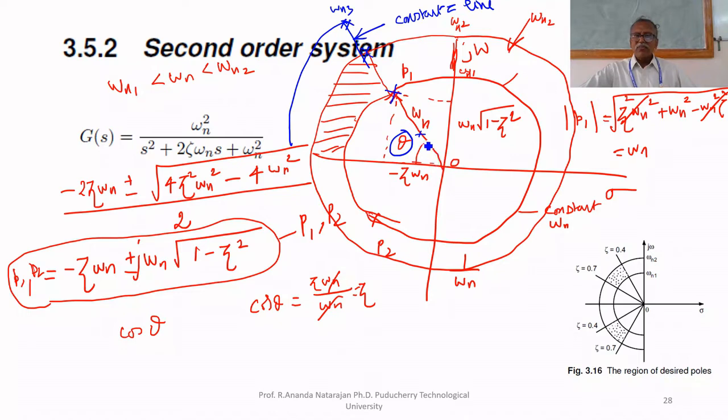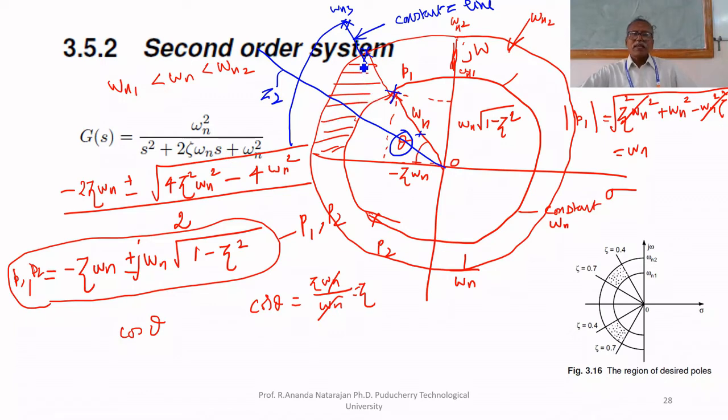So if you select any pole on this line, zeta will be constant. Theta is constant, zeta equals cos theta, therefore zeta is constant. That's why this line is called the constant zeta line. I am taking another line, that is zeta 2.